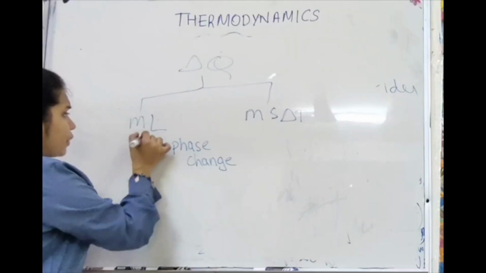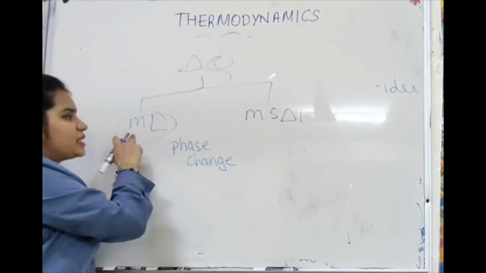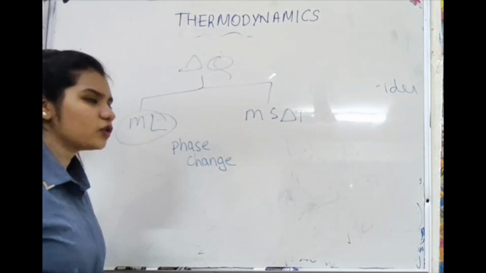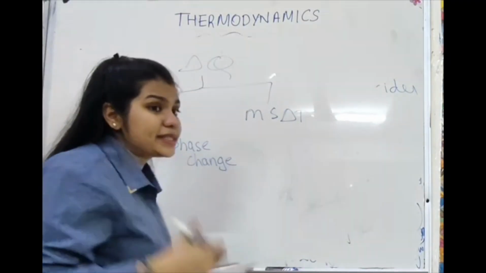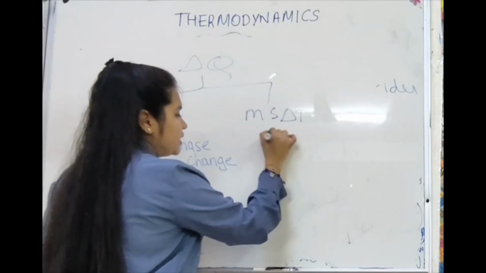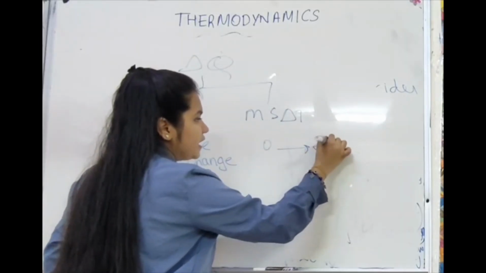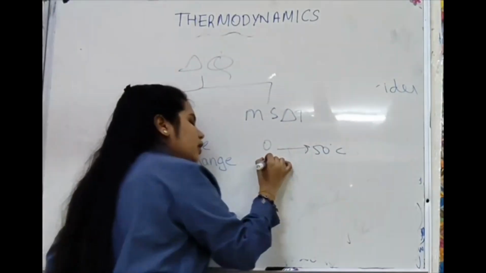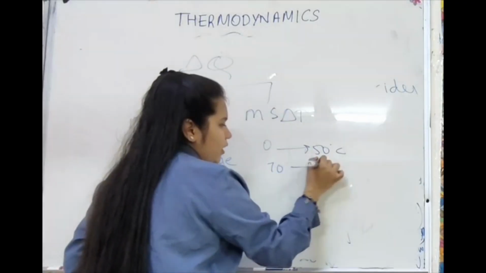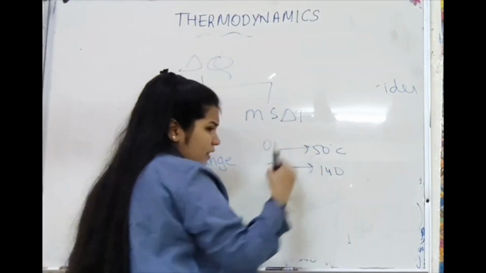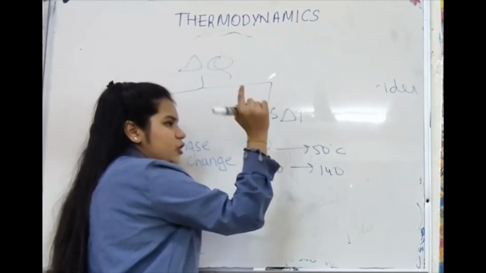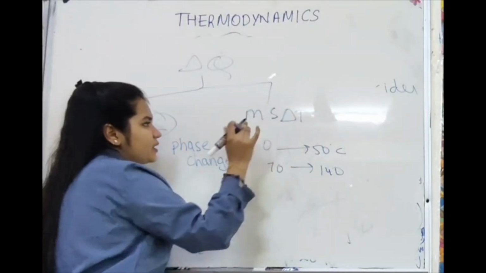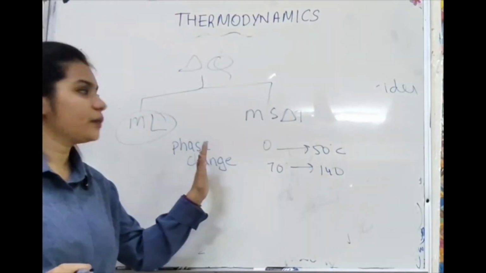In that scenario, you have to use this formula: mass into latent heat. Latent heat will be given or not given, okay. So this is ML. Next, if there is temperature change, like from 0 to 50 degrees heated, or from 70 to 140, if there is a temperature change, you have to use mass into specific heat into temperature change. So these things you have to keep in mind, okay.